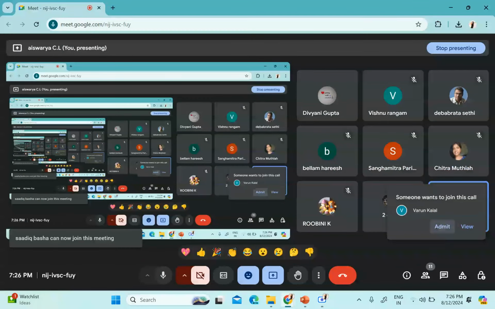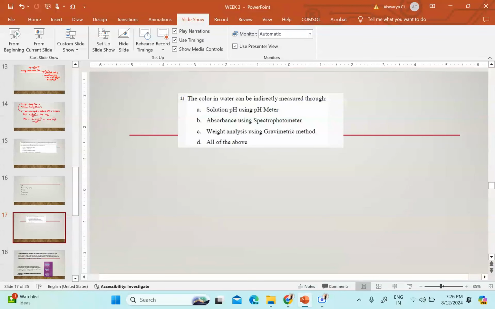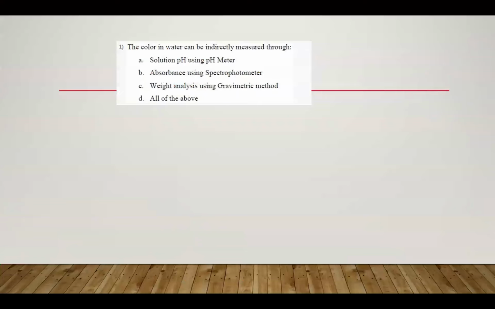So you already know fresh water is very clean, like glassy water. If light passes through glassy water, how does it behave?